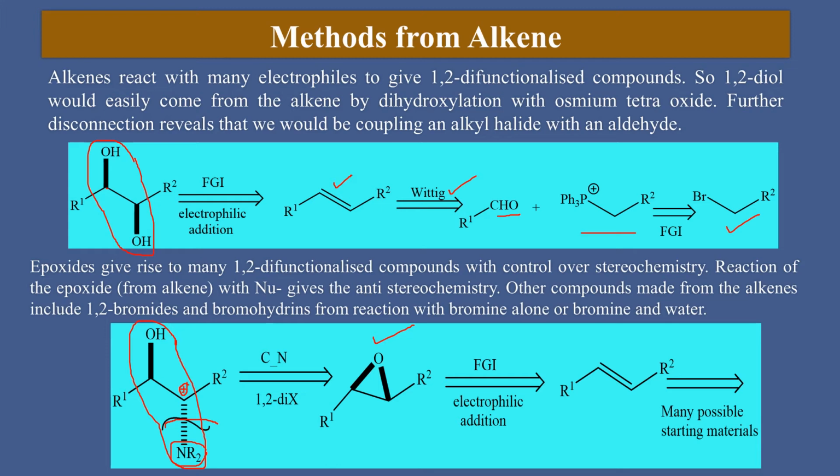And how is this epoxide obtained? Epoxide is again obtained from alkene, and alkenes are prepared from many possible starting materials by using a Wittig reagent, by dehydration, by dehydrohalogenation, or there are many other methods.